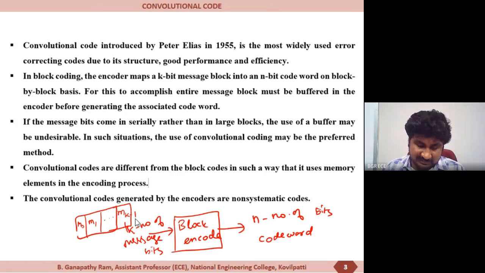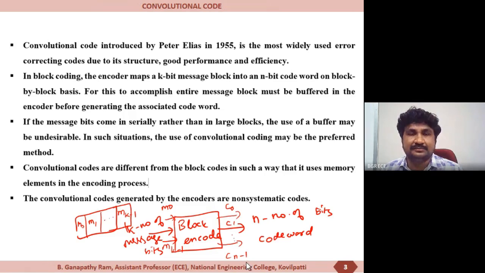And all these bits are given in parallel, m0 up to mk minus 1. Similarly, at the output also, the code word is generated as a block.